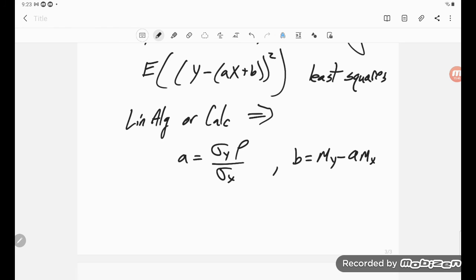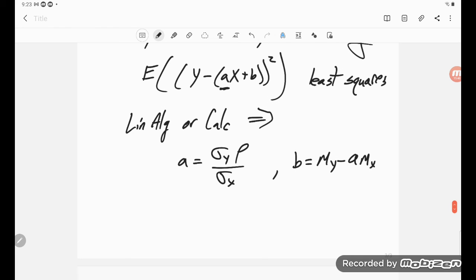But you see that A is a coefficient, and there's rho showing up. And we already had names for these standard deviations. And so I've got the standard deviation of y, standard deviation of x, times rho to make a coefficient of x. And so that name, correlation coefficient, sounds pretty good.